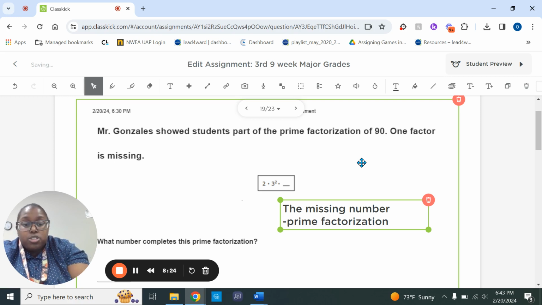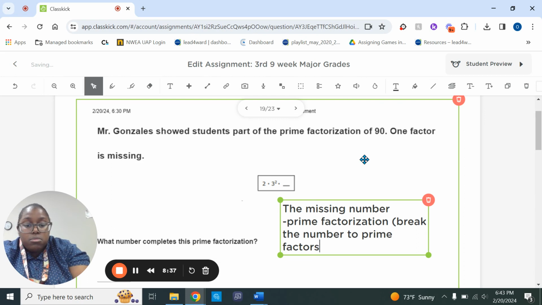What is prime factorization? Break the number into prime factors. Okay? But then you have to know what a prime factor or prime number is. Prime number, well, factor has a totally different meaning.